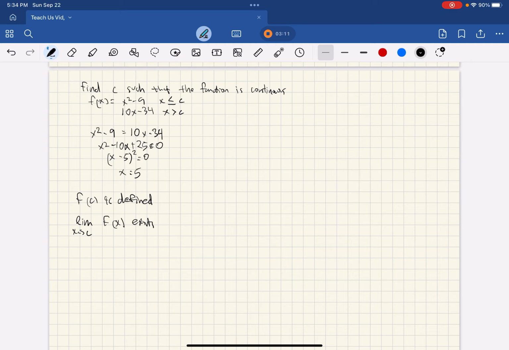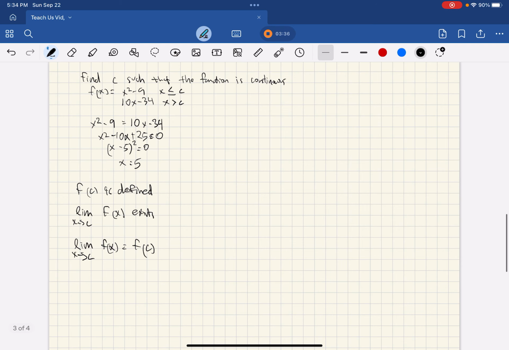And the last one is the limit as x approaches c of f of x equals f of c. The third rule is basically what we did by setting the two equations, or rather piecewise functions, equal.